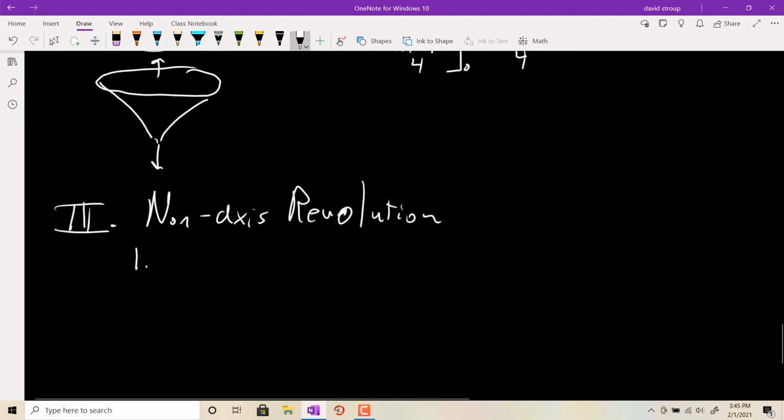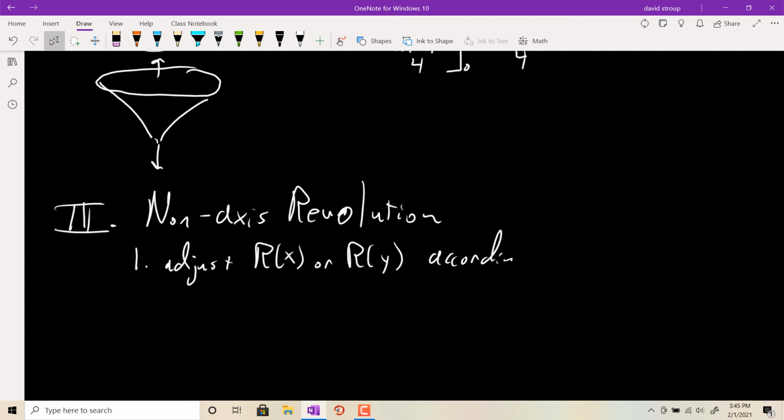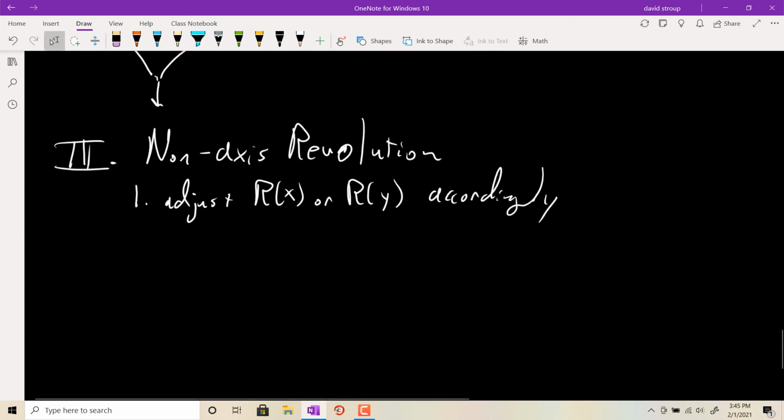So you end up having to adjust the radius function r of x or r of y accordingly. And it'll help if you draw out the radii in order to pull this off. So let's look at an example.